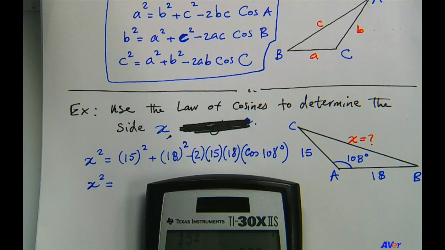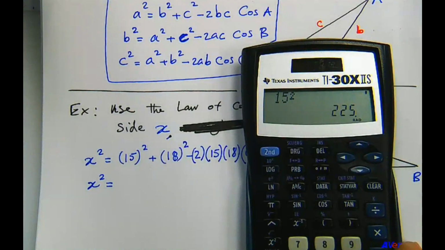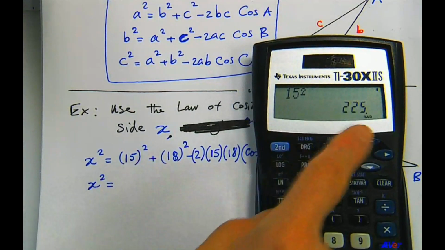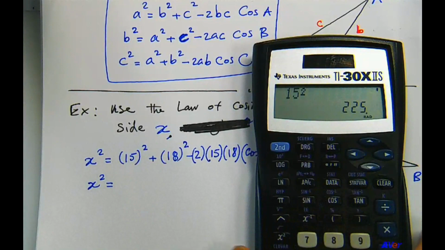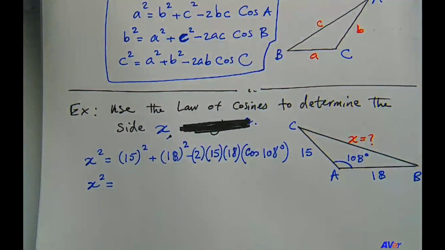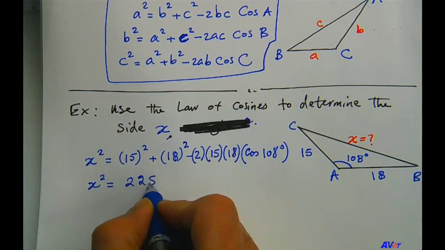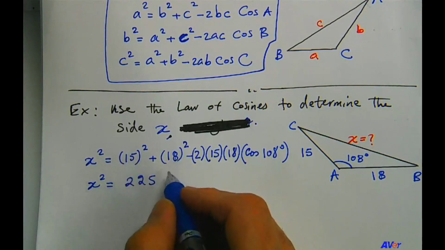So I was just calculating these. So 15 squared, 225. I do have these numbers, so I'm going to use them as I have. Please double check these numbers. I think they are correct. So 225, that's that.